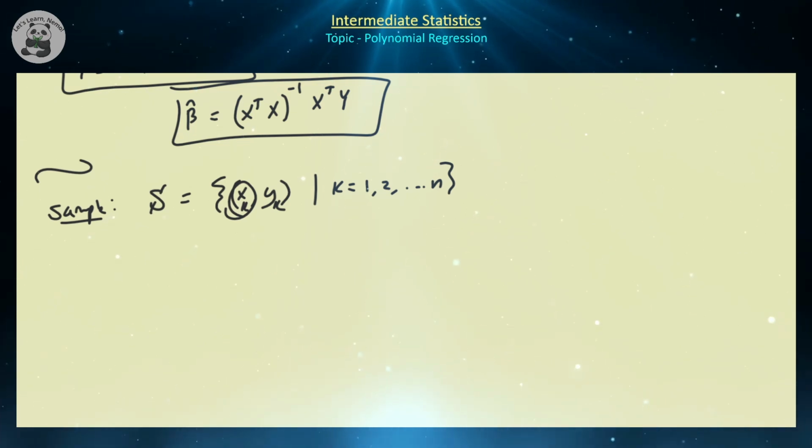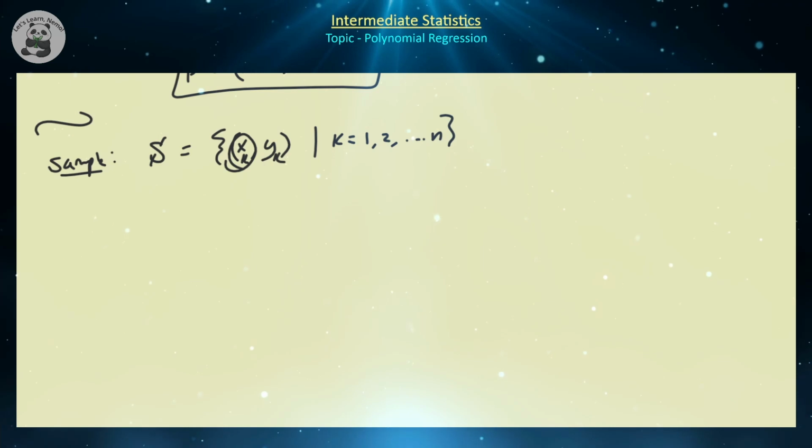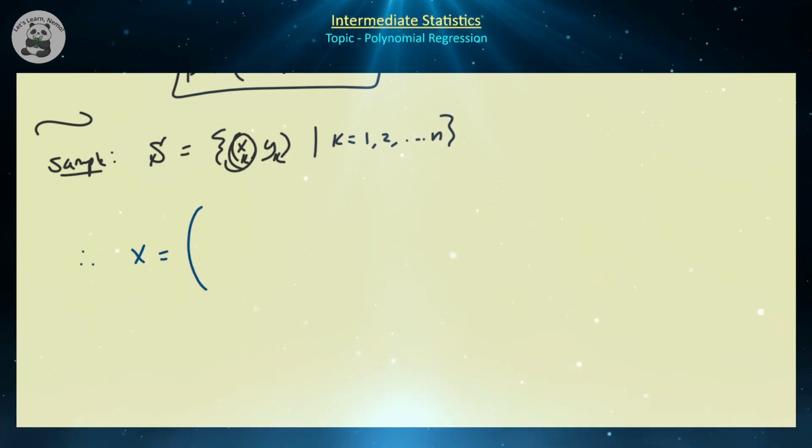So if we start by writing that out, just to see what that would look like, that means that our design matrix X is going to be equal to 1, 1, all the way down to 1, and then x1, x2, all the way down to xn. And then is going to come our x2 predictor variable values, which are just going to be the squares of the linear terms.